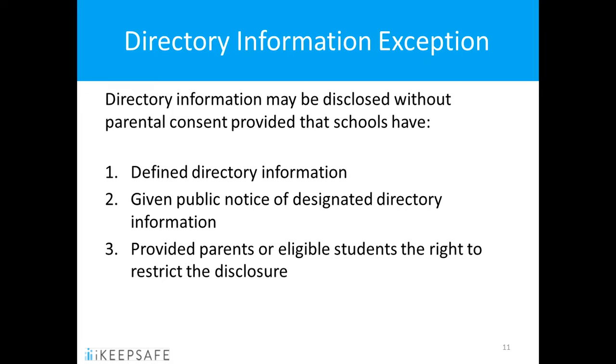Given public notice of the types of information which it has designated as directory information. And 3. Provided parents or eligible students with the right to restrict the disclosure, including a time period in which a parent or eligible student has to notify the school in writing that they don't want any or all of the information designated as directory information.